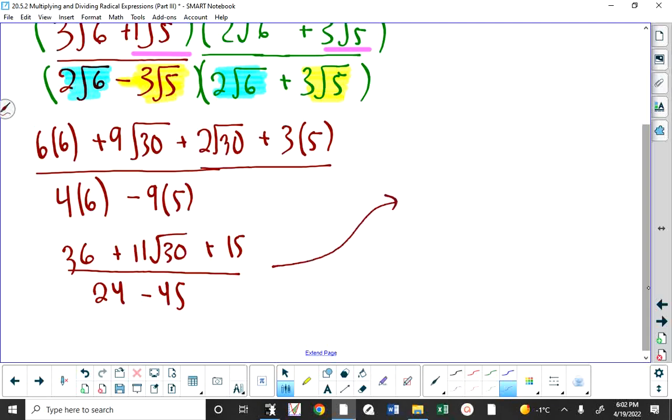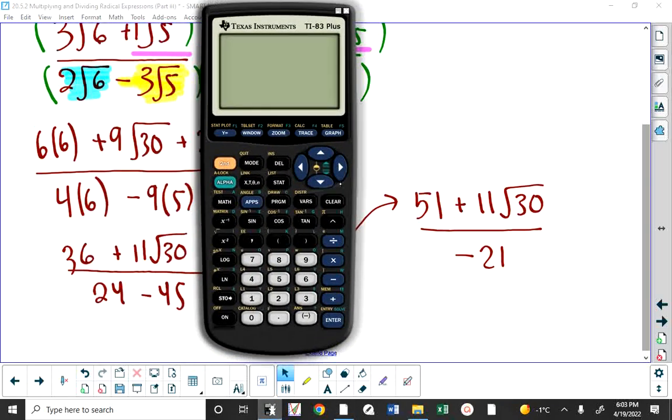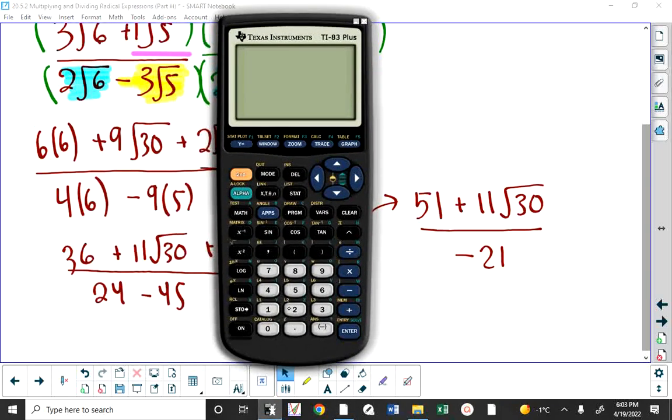Let's see. 36 plus 15 is 51. Plus 11 root 30 over 24 minus 45, which I believe is negative 21. Pretty sure, but you know how it goes.